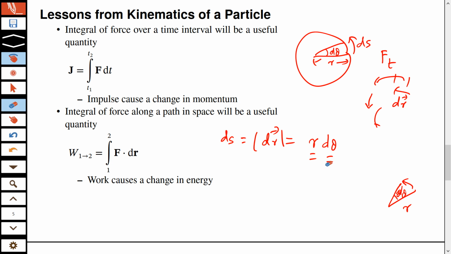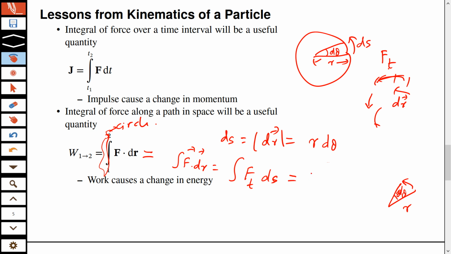Now, what's the advantage of writing it in this way? Because I can express this work, let's say this work is over a circle. This path is a circular path. So I will write from this integral F dot ds, and I can then replace it with F tangential and ds, because in tangential force, the force and displacement are parallel, so I can simply write the magnitudes, the magnitude of force and the magnitude of displacement.